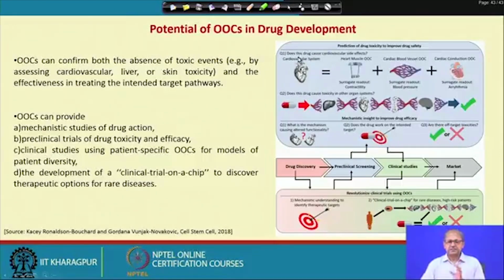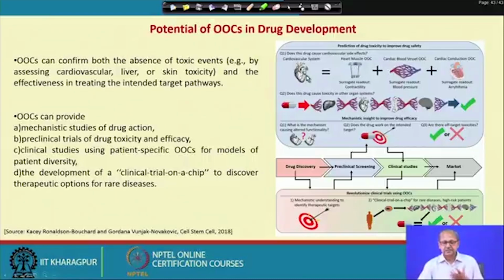First is target identification, say in the heart, whether the heartbeat is affected or blood pressure is affected. If the target is identified properly, then we check for toxicity at the target level: whether this drug works on heart muscle contractility, or affects your blood pressure, or causes uncontrolled heart beating, meaning arrhythmia. This is a side effect at the target level.